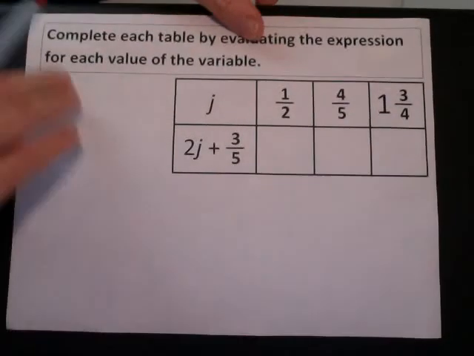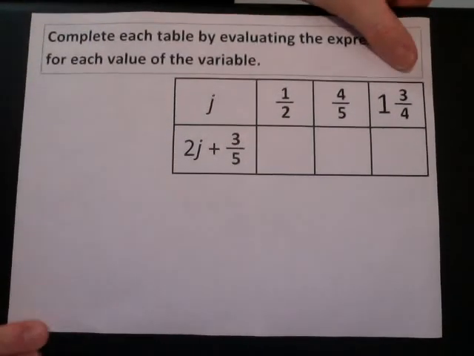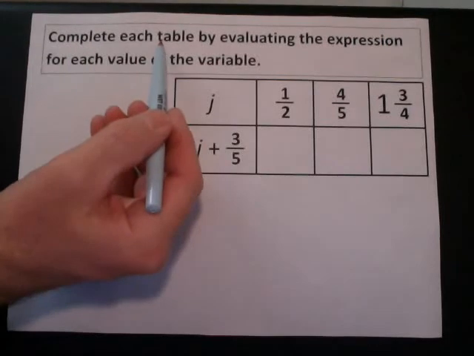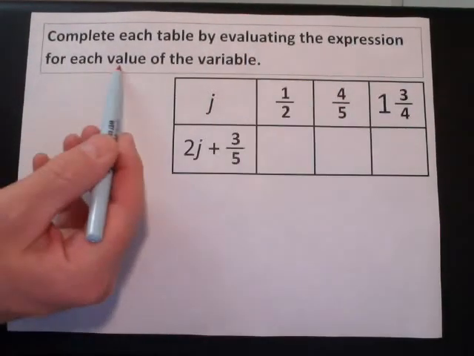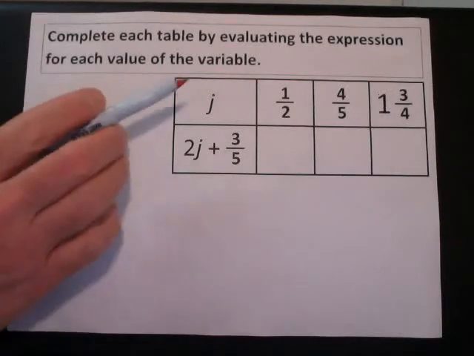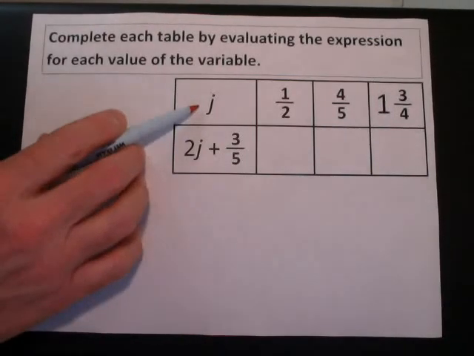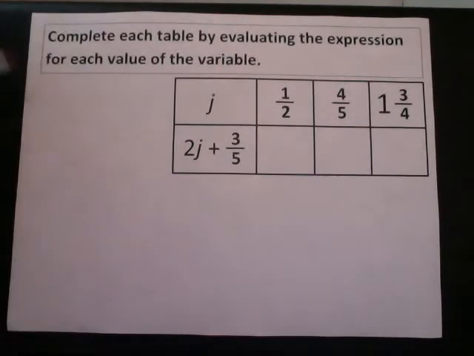Let's take a look at another situation. Here they give you a table, and they want you to complete each table by evaluating the expression for each value of the variable. Well, this is J, and this tells you what the variable is.